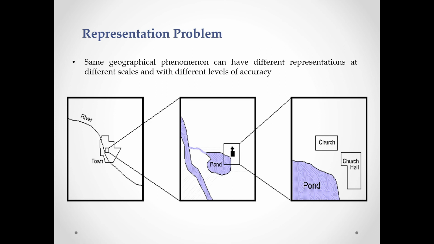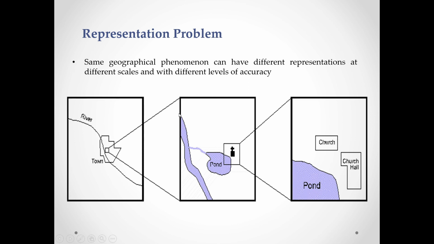Representation problem. Some geographical phenomena can have different representations at different scales and with different levels of accuracy. For example, here is a river as a line, the town as a polygon, and here is the thing.